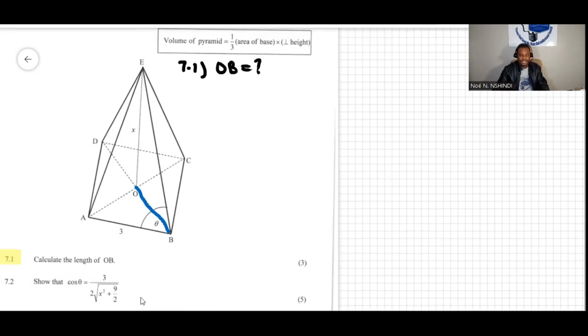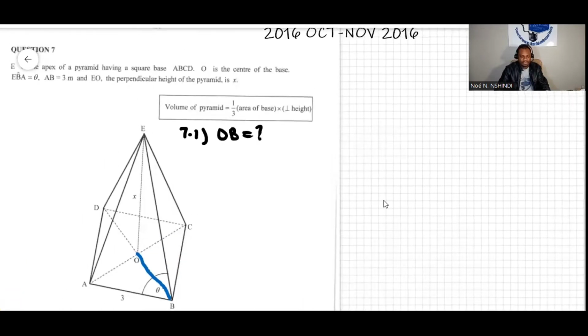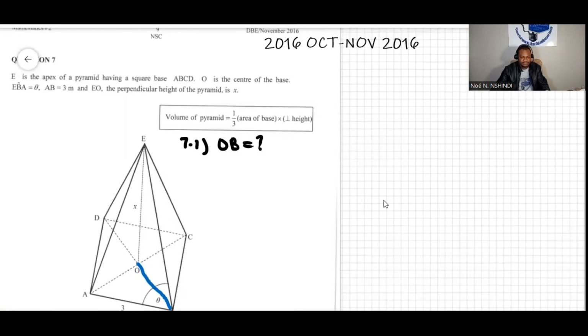How can we do that then? It is said that the base is a square, a square base ABCD.